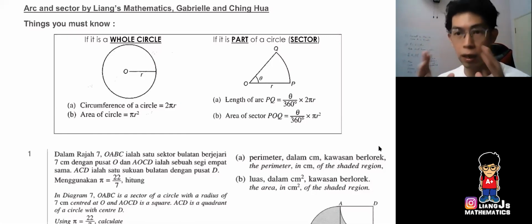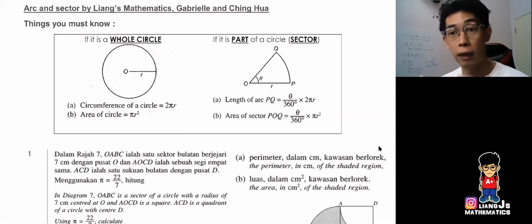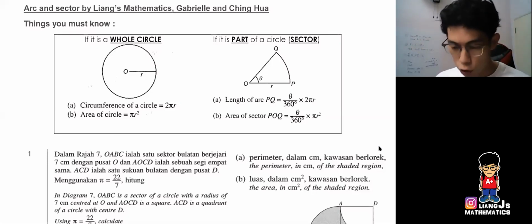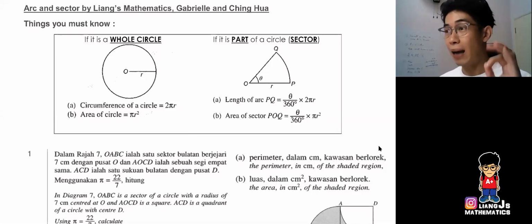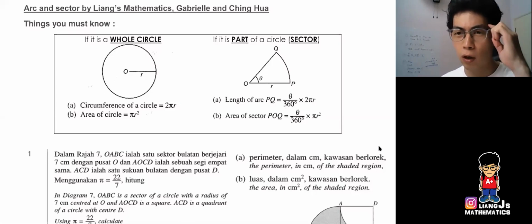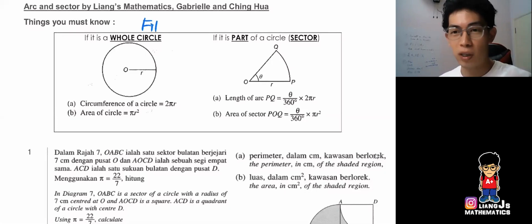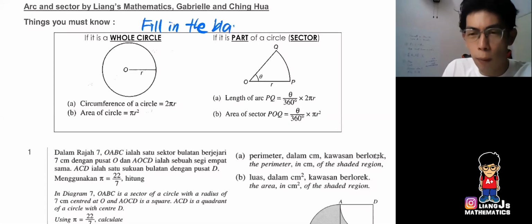Same thing, I won't be going too deep, because like what I said before, in order to make this chapter smooth and easy to understand, we don't go too deep. Just focus on this chapter, and you can solve it using this idea called fill in the blanks. What do I mean by fill in the blanks?